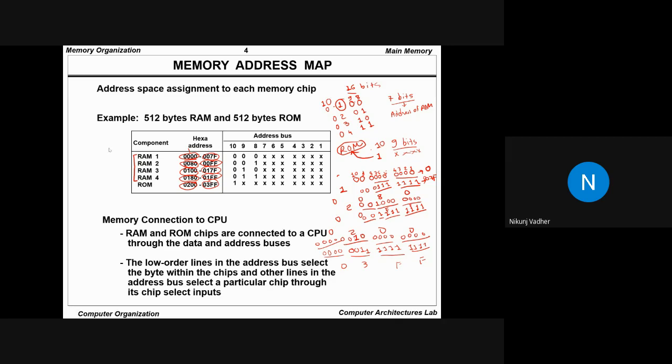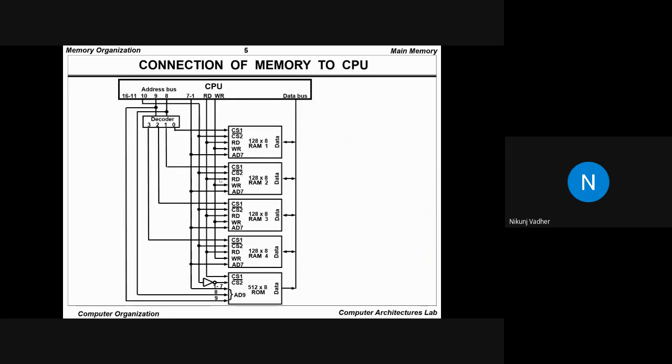So if we want to implement this scenario, with 512 bytes of RAM and 512 bytes of ROM, then how can we connect it with the circuit?